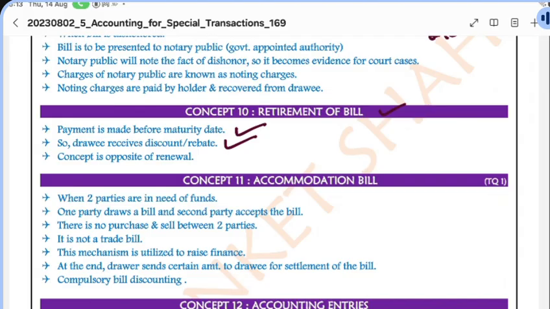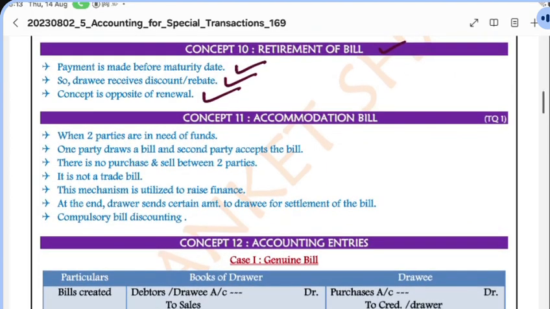Now I tell him, you are paying within a month, you pay 99,000, you don't pay 1 lakh rupees. That 1,000 is an incentive for him. Done? Now, this concept is opposite to renewal. Correct? Done. Now, this is something which is legally not right, but still it is in practice.